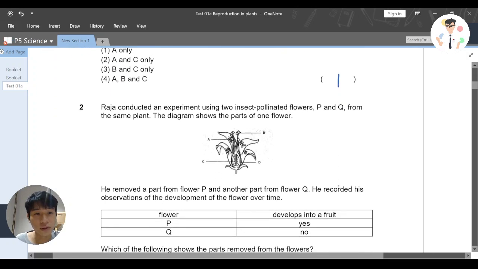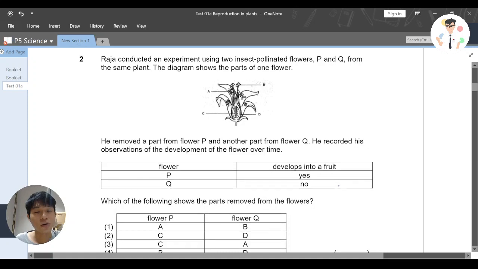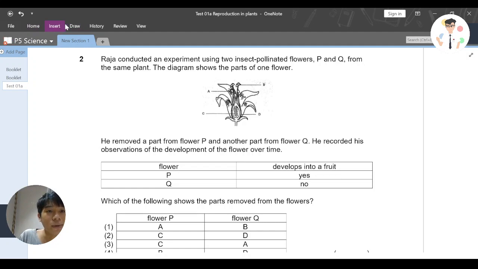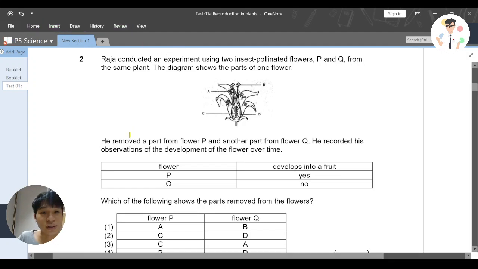Okay, let's move on to question 2. Raja conducted an experiment using two insect-pollinated flowers, P and Q, from the same plant. The diagram shows the parts of one flower. He removed a part from flower P and another part from flower Q, and recorded his observation of the development of the flowers over time.